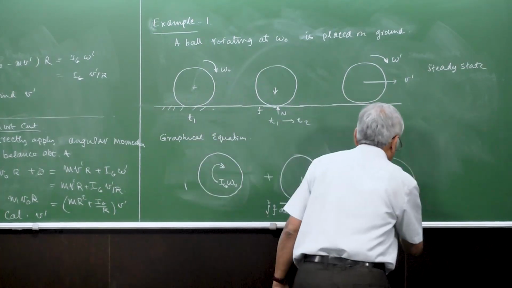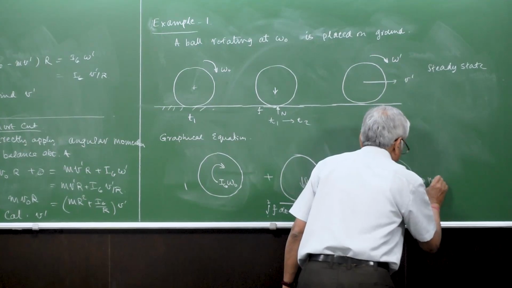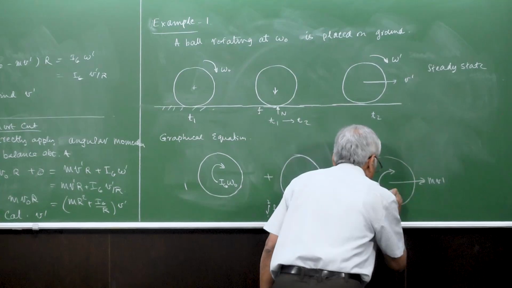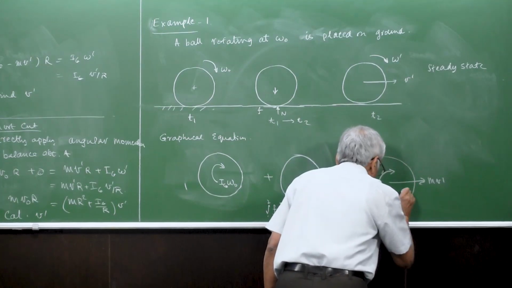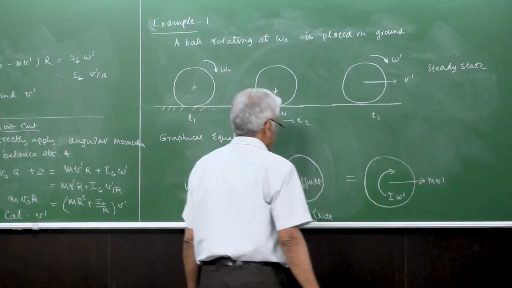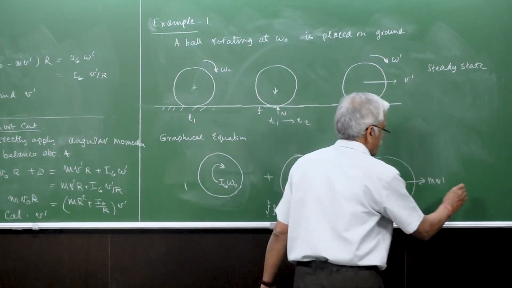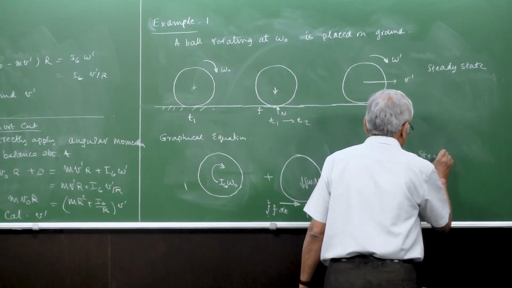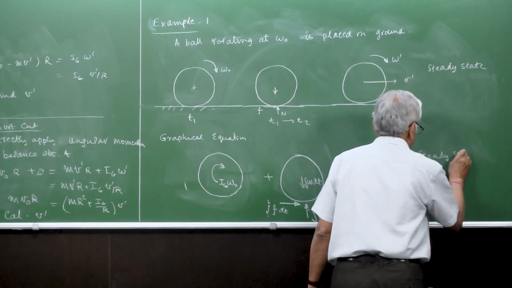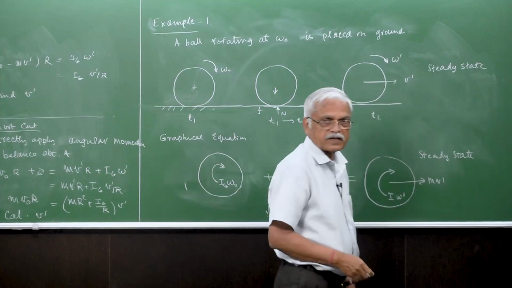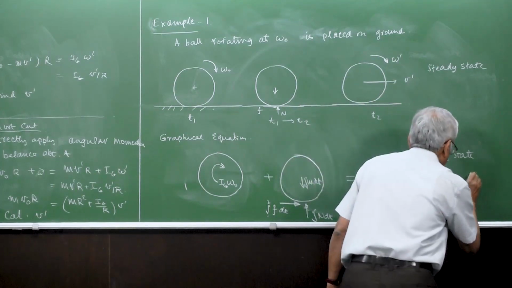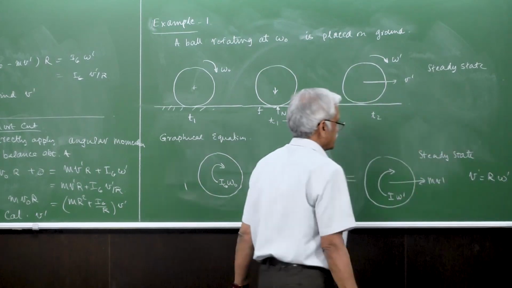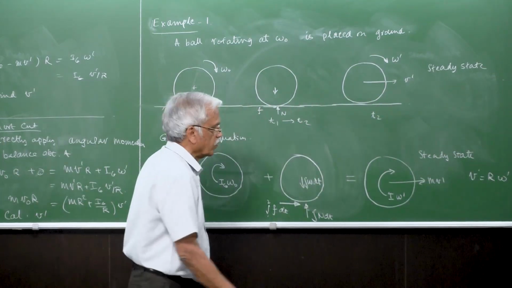So what we have here, V prime, so this is the final steady state. Of course, the steady state, as we said, there is a relationship between V prime and omega prime, pure rolling.